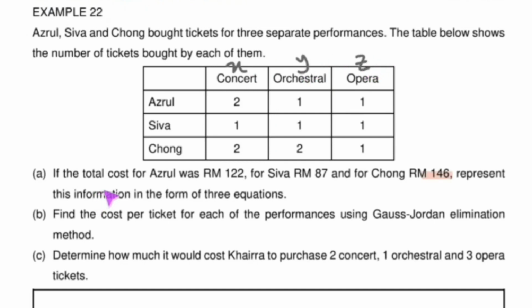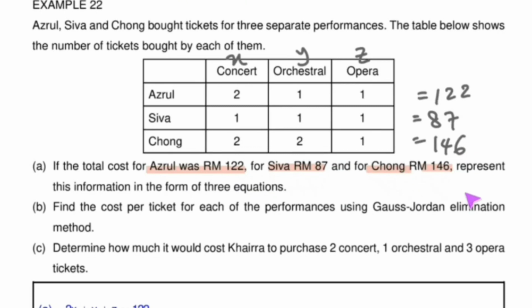Statement ni kata total cost untuk Azrul 122, Siva 87, and then Chong 146. Azrul yang ni tadi 2 konsert, maksudnya 2X tambah 1Y tambah 1Z sama dengan 122. Lepas tu Siva ni pula sama dengan 87, and then Chong sama dengan 146.